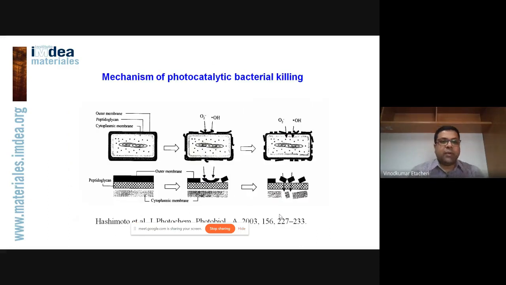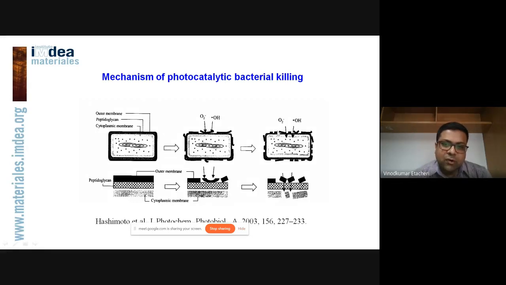Looking into the mechanism of antibacterial killing, this is what happens when electron hole pairs on TiO2 come in contact with organic matter. Here you can see a bacterium with a cell wall. When the superoxide and hydroxyl radicals formed on TiO2 come in contact with the cell wall, they can decompose it.